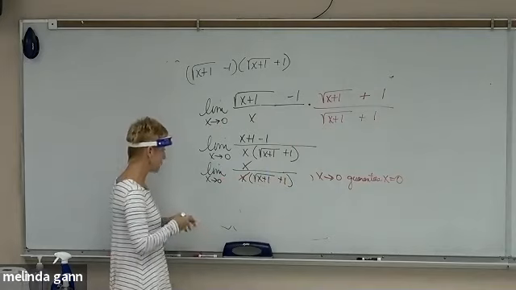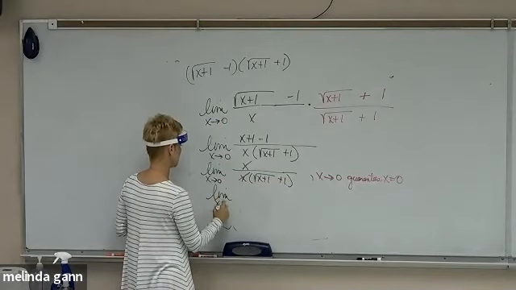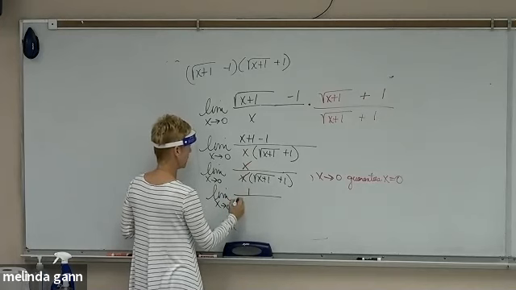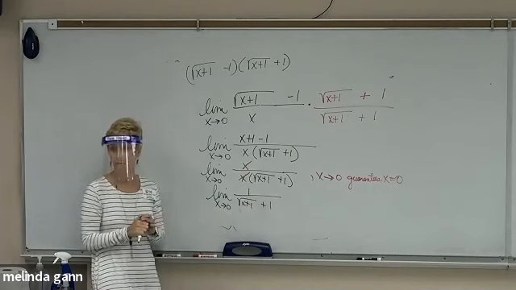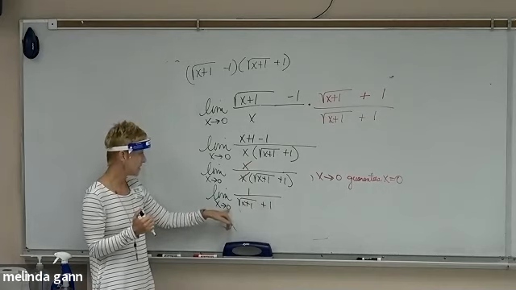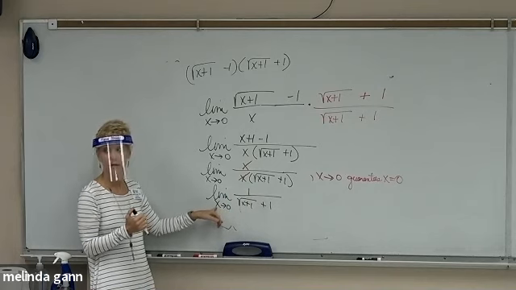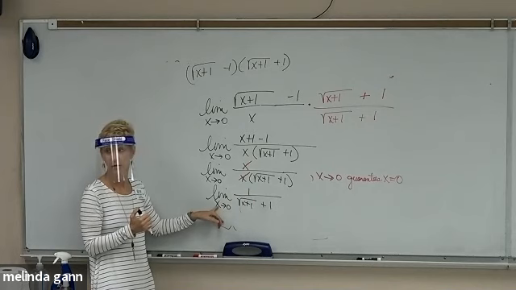Now, what I'm left with is not pretty. It looks pretty nasty. I've got a 1 over the square root of x plus 1 plus 1. But I can take that 0 and just do what? Why is it okay just to sub in now?